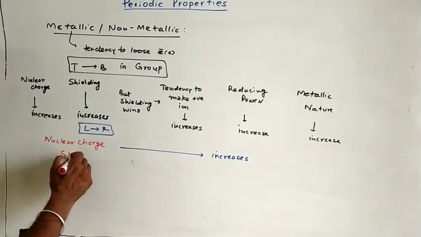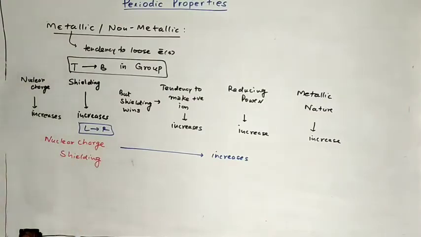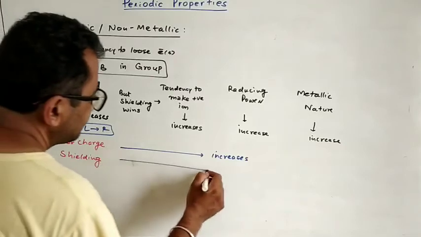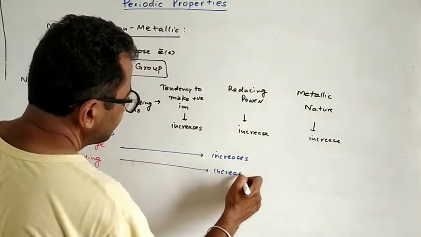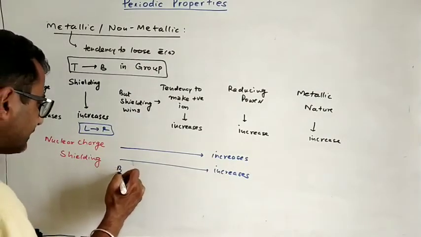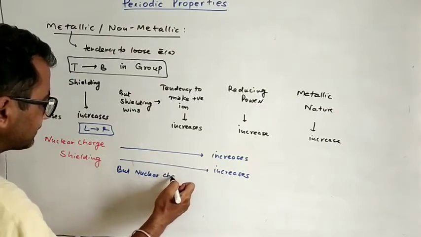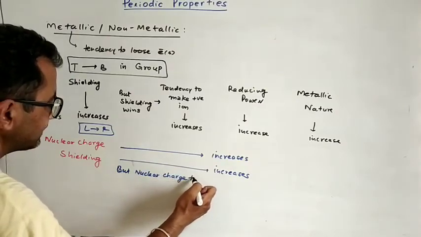Shielding also increases, but nuclear charge wins here because electrons are adding to the same shell.